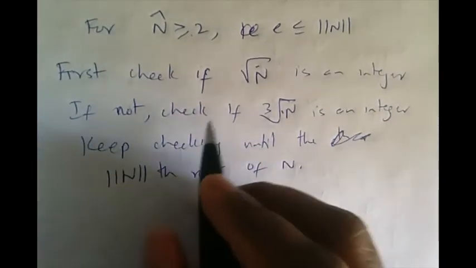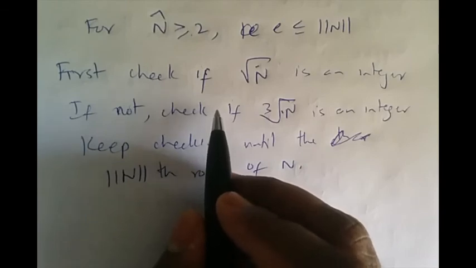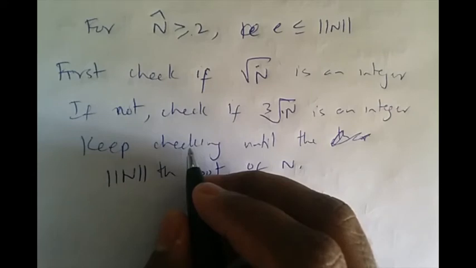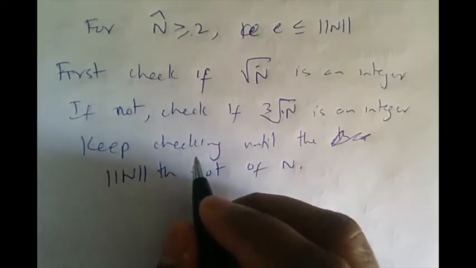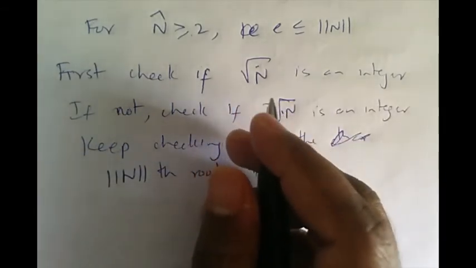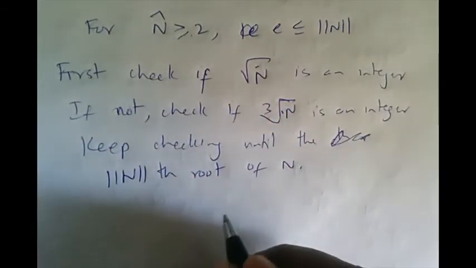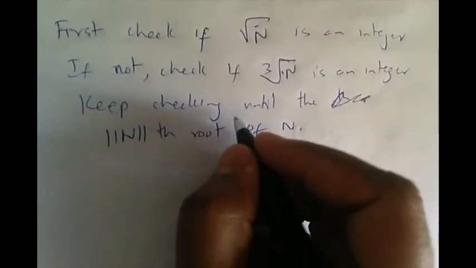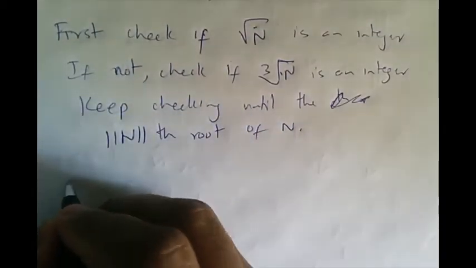So suppose we have an algorithm now which can check if it is a perfect power or not. Now our theorem says that if n is not a prime power, then at least half the elements in Zn star are strong witnesses. So here are some observations.